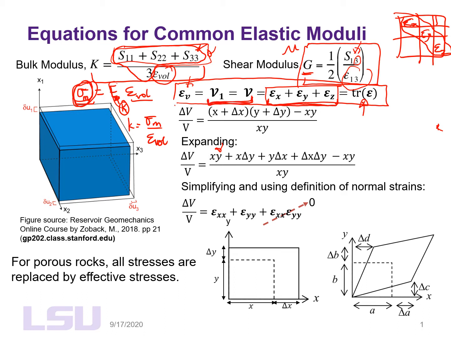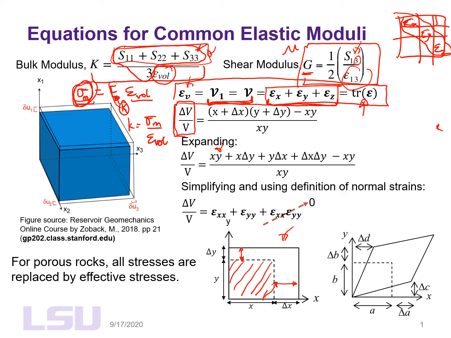Now we can actually derive the volumetric strain for 2D using this illustration right here. So this is the original dimension of the object, x by y. Then after deformation, the x direction expands by delta x, and it expands in the y direction by delta y.